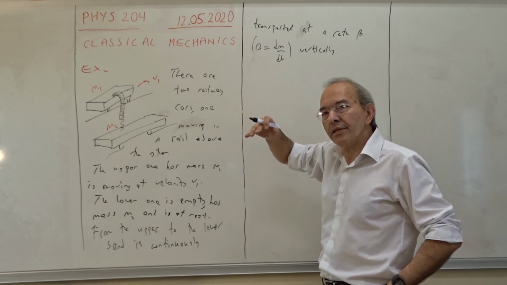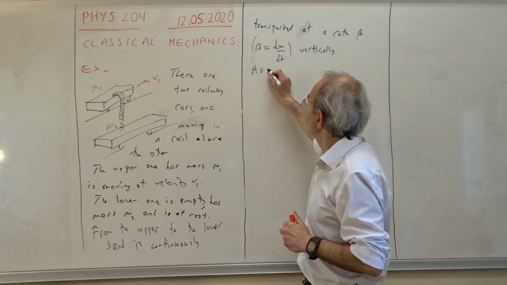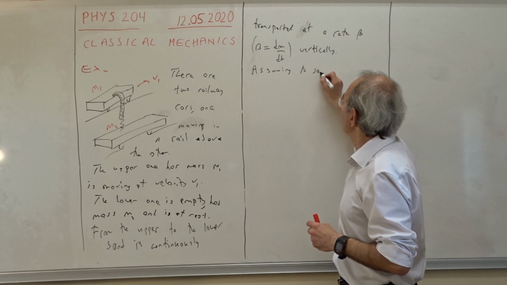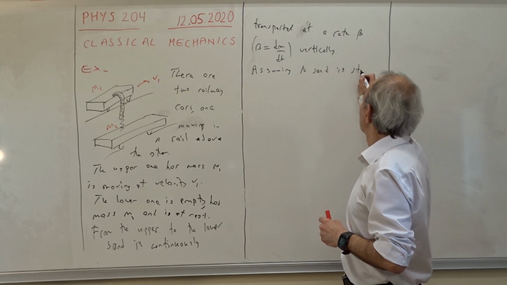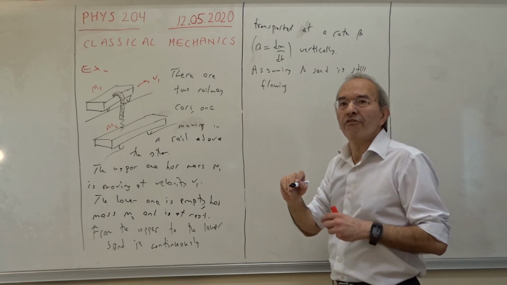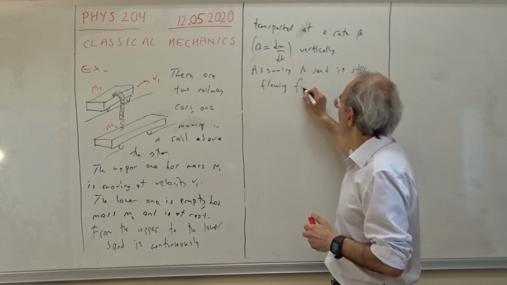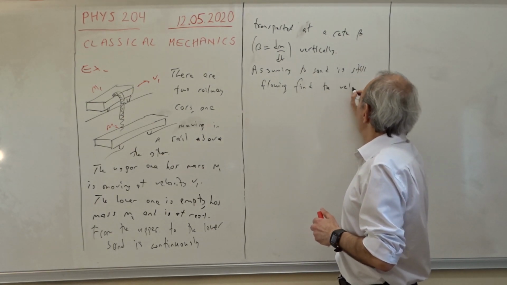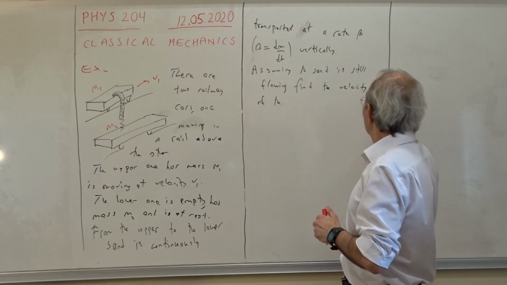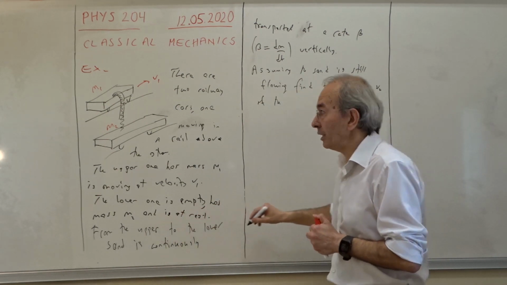Assuming the sand is still flowing, find the velocity V2 of the lower car, because it was already at rest initially.